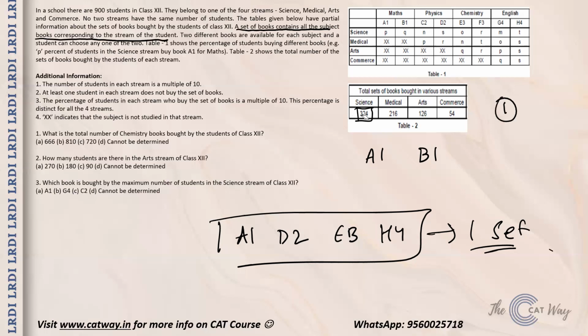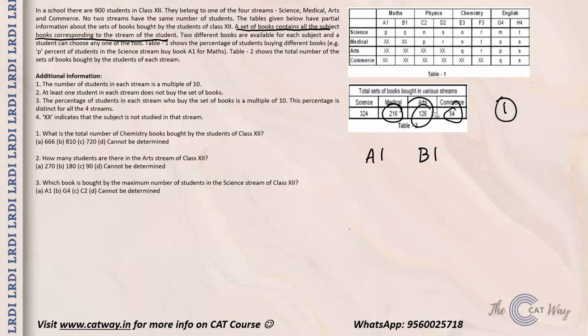That means the number given in table number 2, that is 324 sets bought, basically means 324 students from the science stream bought the books. 216 students from the medical stream have bought the books, 126 from arts and 54 from commerce. So this is what your table is.